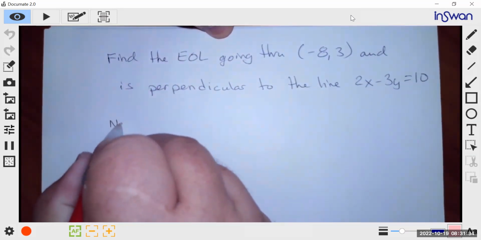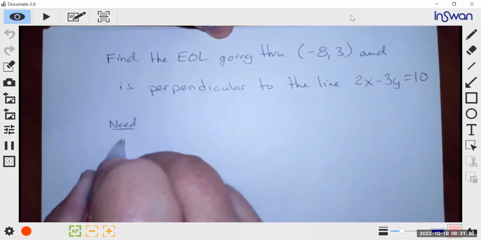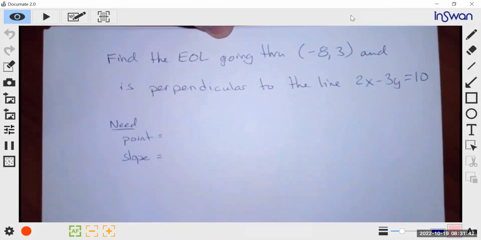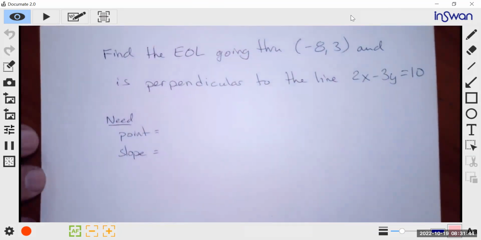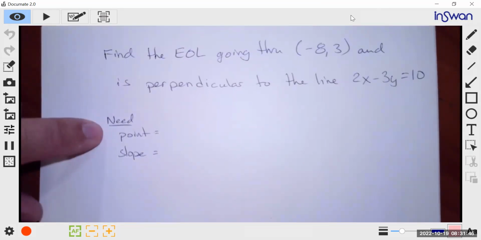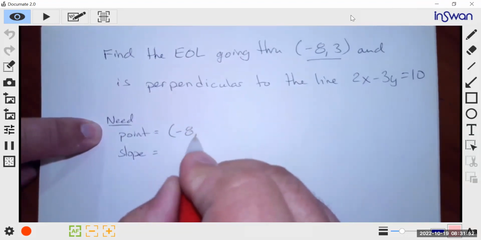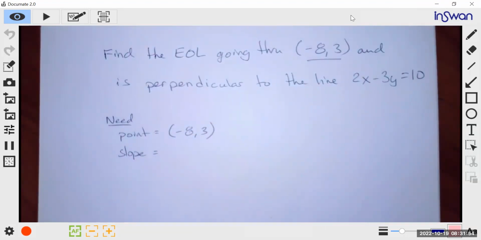To do this, remember we need a point and we need a slope. Do we have a point? Yeah, -8, 3. That's the point our line has to go through. Do we have a slope?